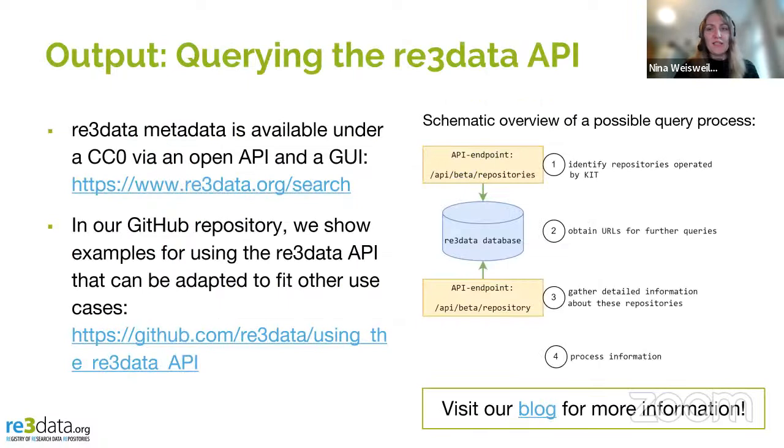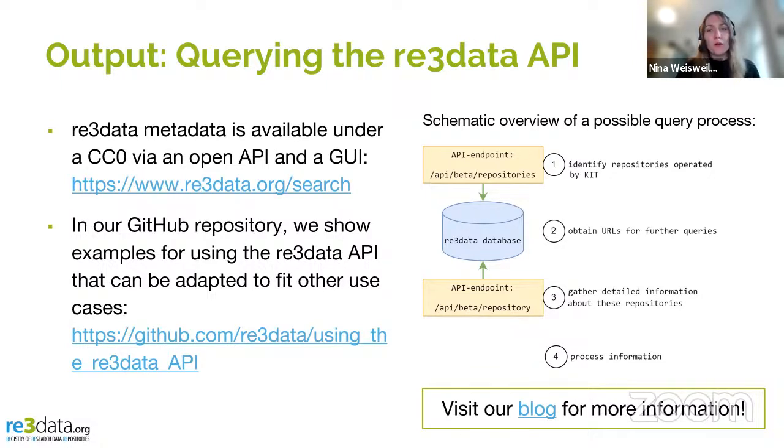So much for the data input. Of course, the output is also quite important. To reuse the re3data metadata, you can use, as I said, the web interface, a graphical user interface. There you can always filter the data in different ways. You can also look at metrics that are automatically generated. But you can also use the API to extract information.